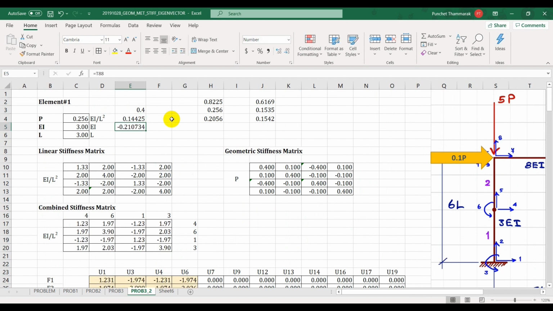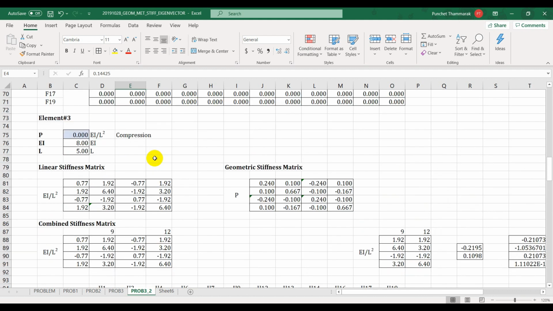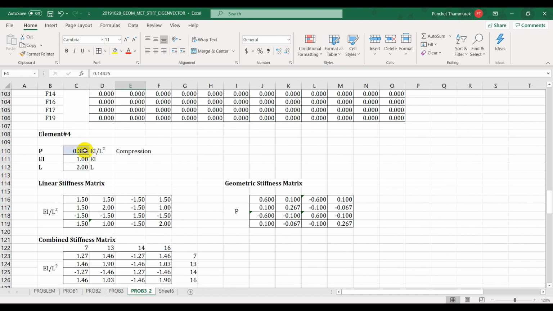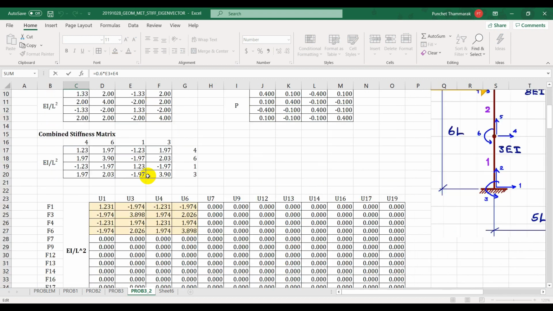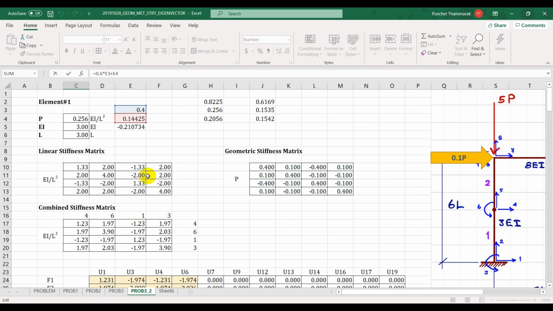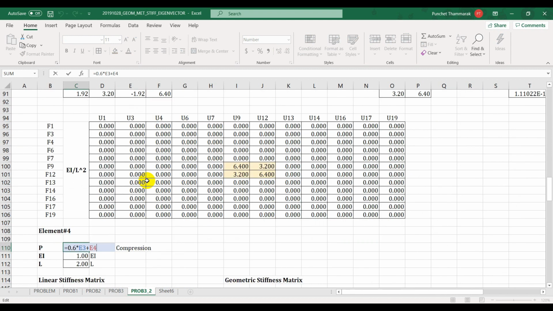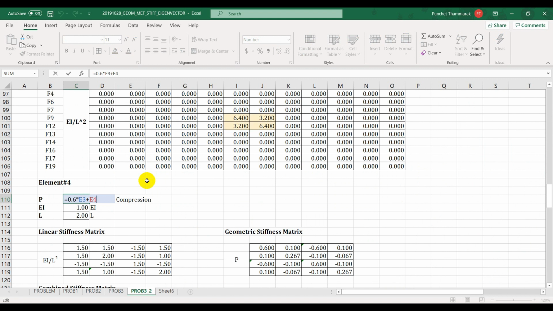Hey, oh, it is still changing. What is that? Is that one changing in the proper way? 38. It is correct. 0.6 multiplied by E3 plus E4.